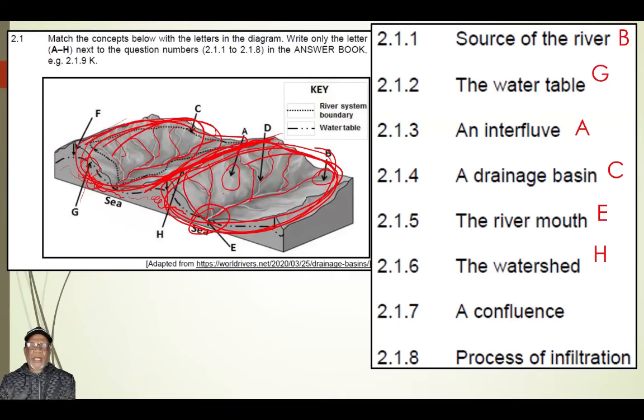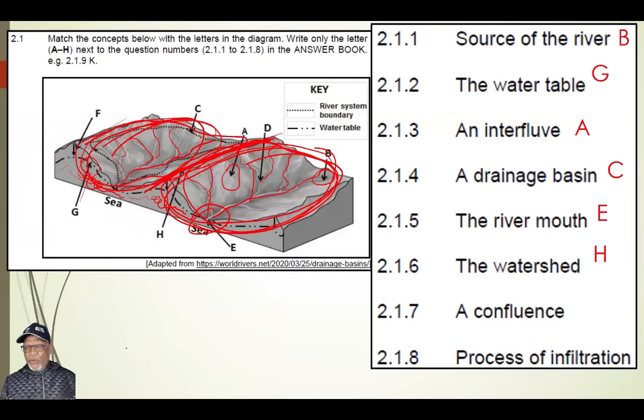Don't confuse watershed and interflow. Interflow separates the streams within the same drainage basin, but the watershed separates two or more drainage basins.